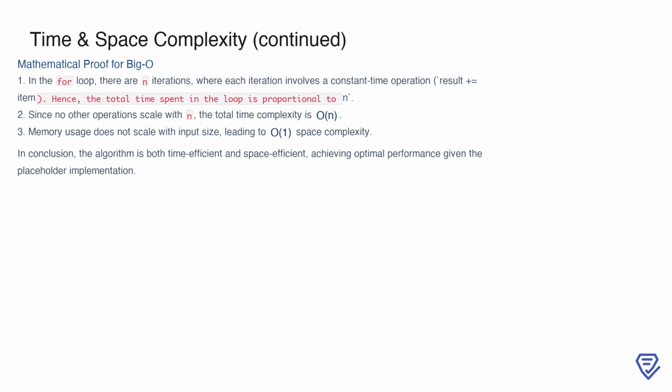Meanwhile, the memory usage of the algorithm is determined by the single auxiliary variable result, which does not scale with the size of the input. Therefore, the space complexity is O(1). In conclusion, the algorithm achieves optimal performance, being both time efficient and space efficient, with complexities of O(n) and O(1), respectively.